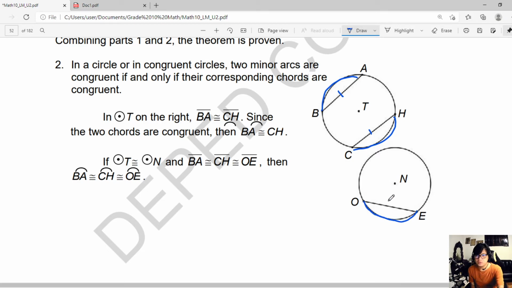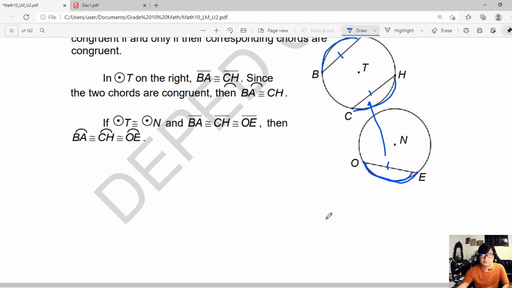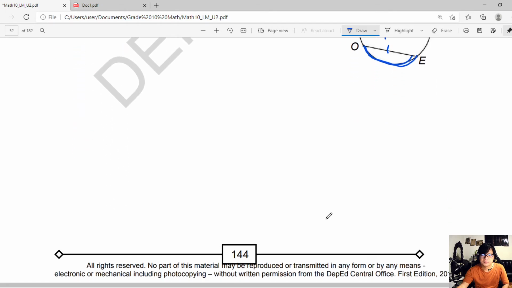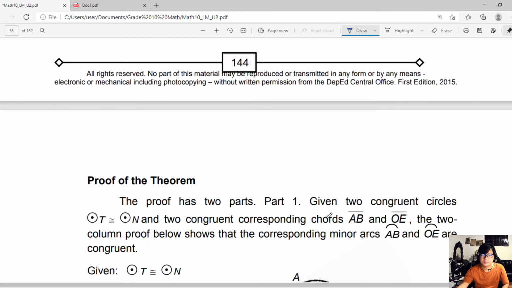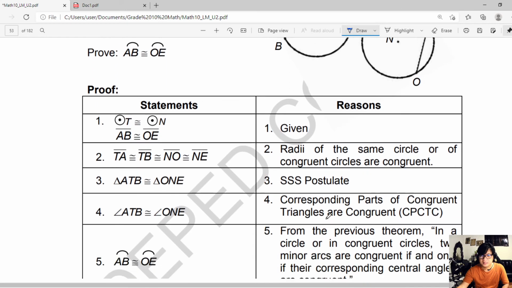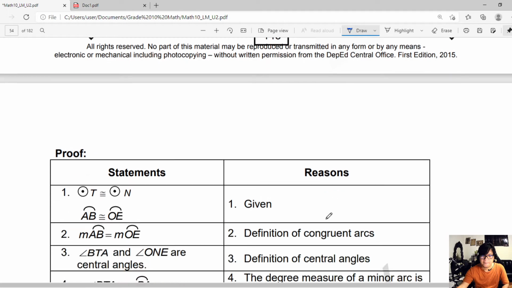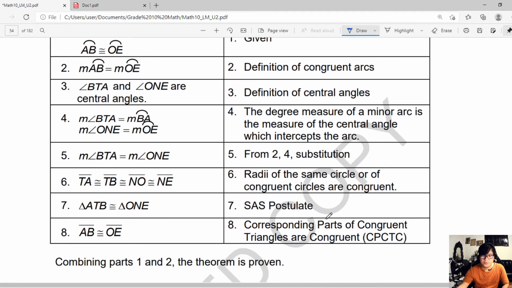Kung ito siya, itong line segment na ito, congruent din siya doon sa dalawa. Ibig sabihin, itong arc dito is also congruent. So, yun yung sinasabi sa theorem number 2. Ito yung proof niya, the 2-column proof.